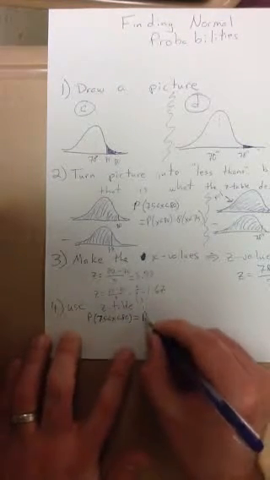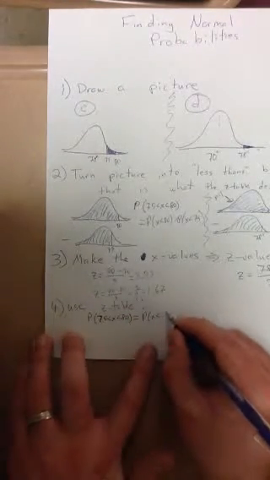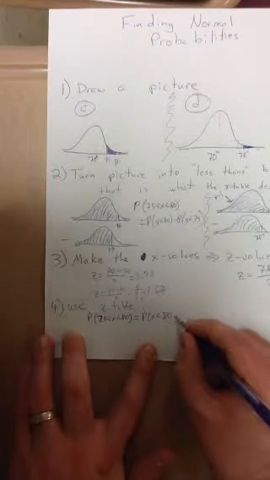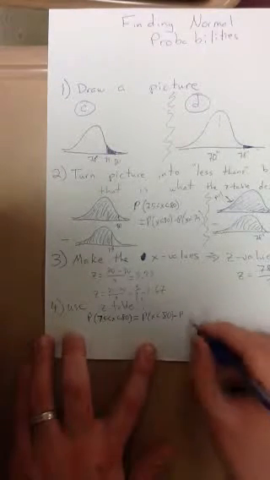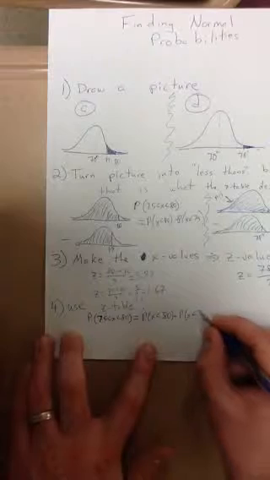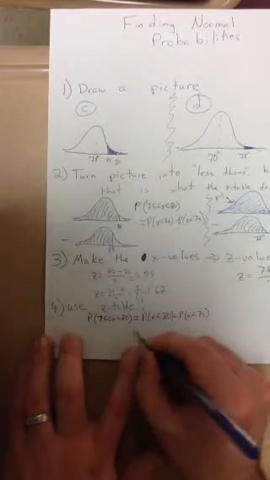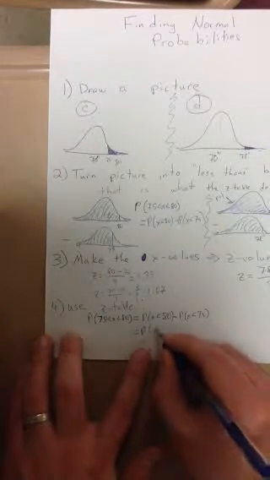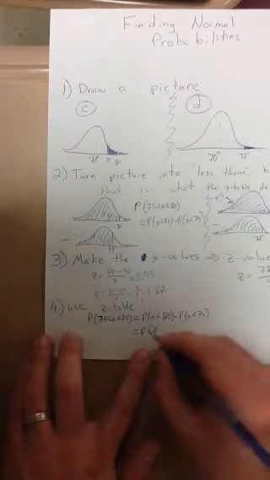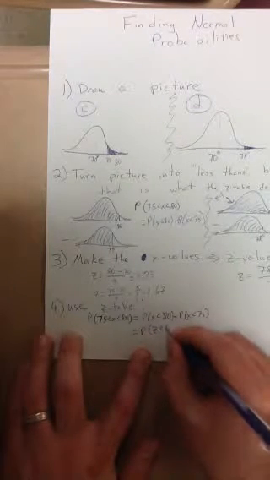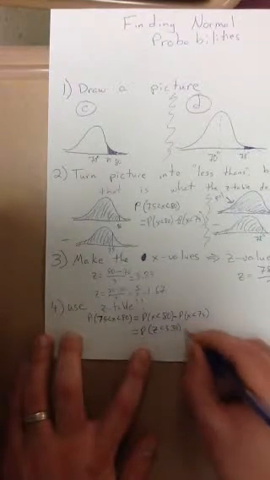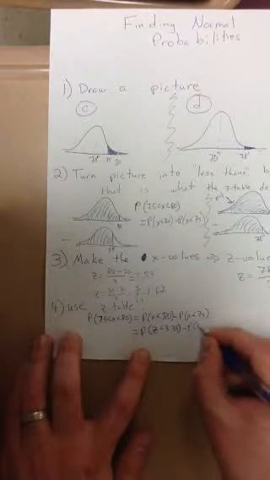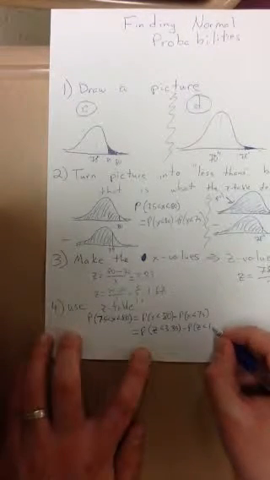That is equal to the probability that x is less than 80 minus the probability that x is less than 75, which is the probability that z is less than 3.33 minus the probability that z is less than 1.67.